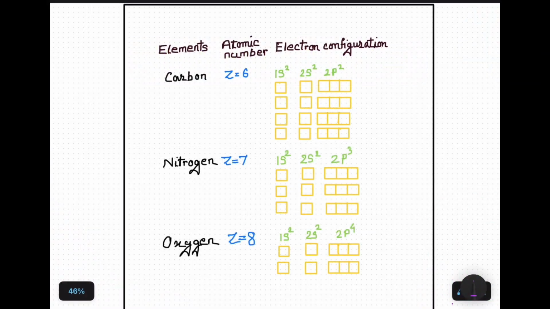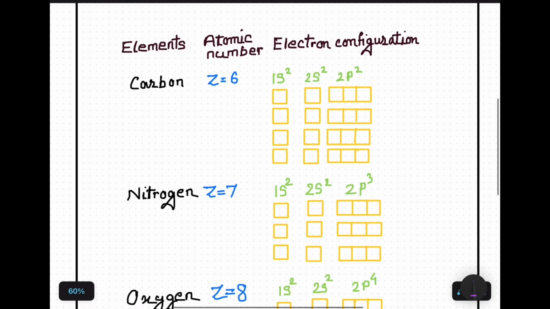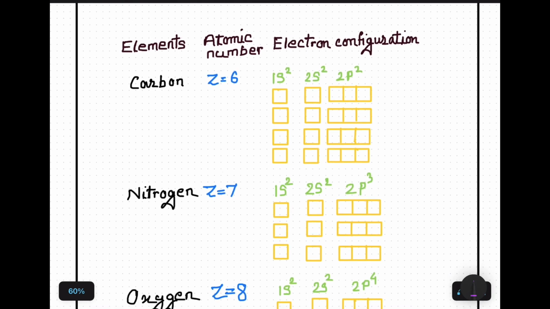So friends, here I have drawn one diagram to explain Hund's rule. In this diagram, you can see the first element is carbon and its atomic number is 6. As stated above, the electrons will fill the orbitals according to the increasing order of energy level.